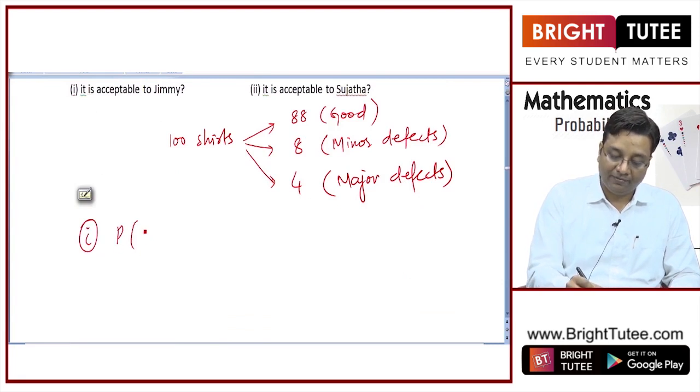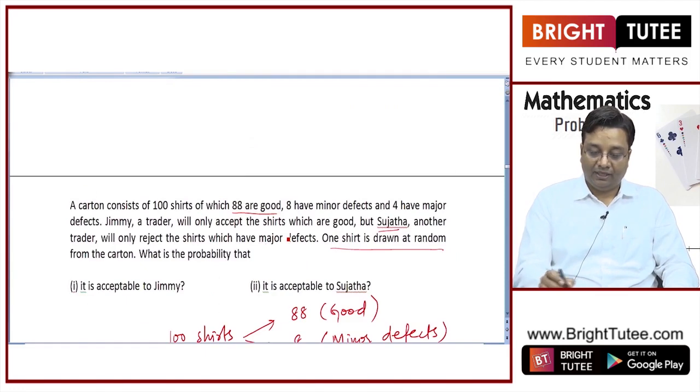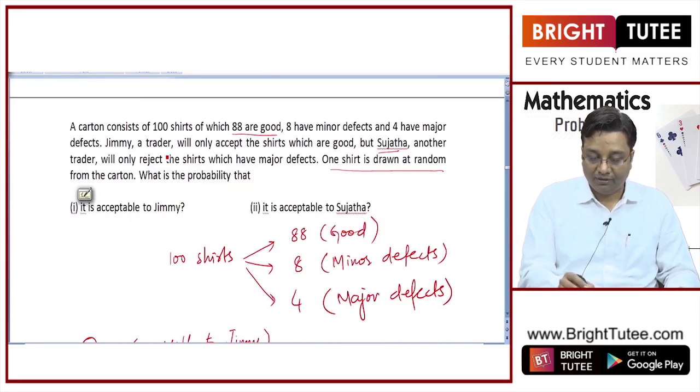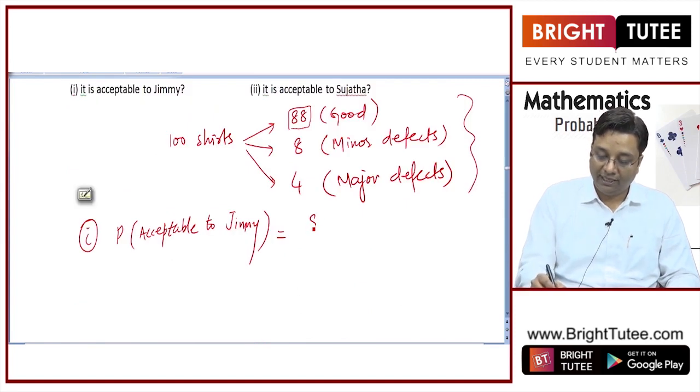So the probability that the shirt is acceptable to Jimmy. When it comes to Jimmy, what are the favorable cases? Jimmy accepts the shirts which are good. So Jimmy will accept only these shirts out of the total shirts. So what are the favorable outcomes here? 88.